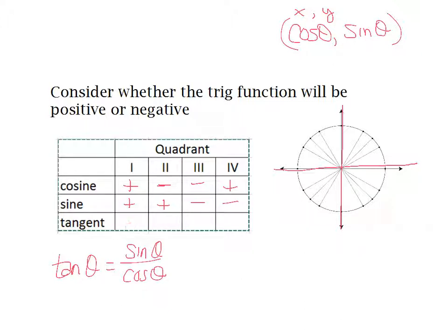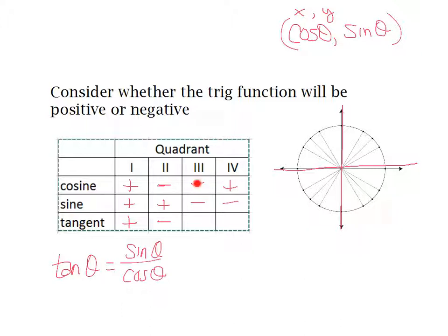In the first quadrant, I'm going to be putting a positive number on top of a positive number. That's going to end up positive. First quadrant, everything's positive. Now, when I move over to my second quadrant, I'm going to be putting a positive over a negative. That's going to end up giving me a negative value. In the third quadrant, they're both negative.